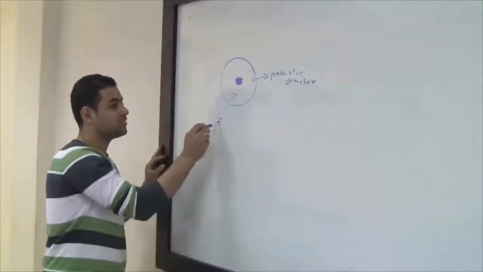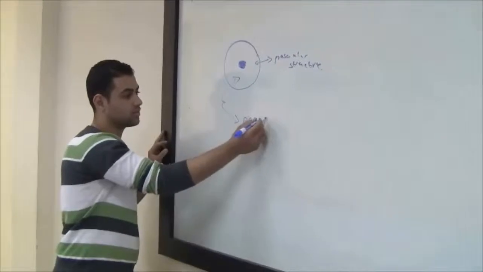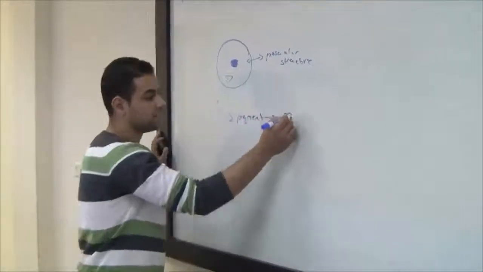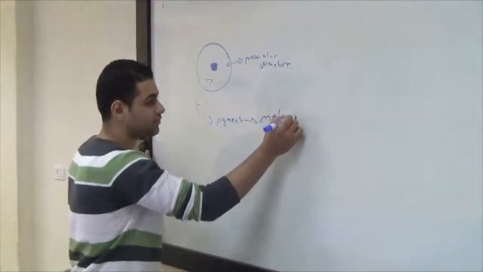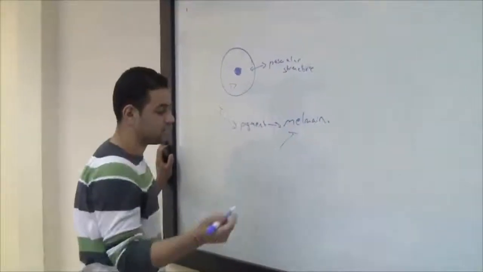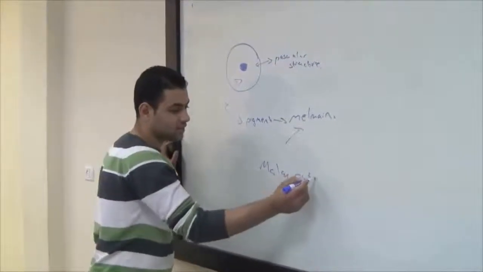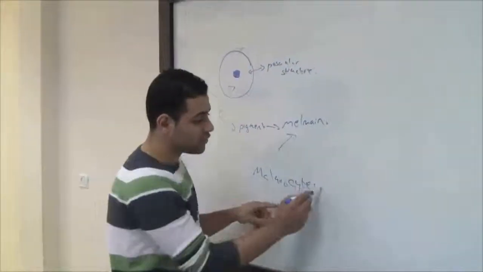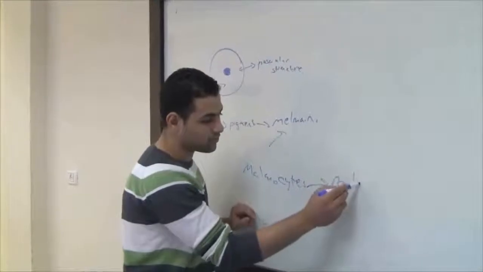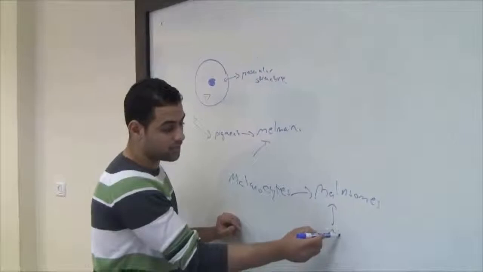This structure contains pigments. This pigment is called melanin. Inside these, we have cells called melanocytes. And in these melanocytes, we have the melanosome, which contains the melanin.